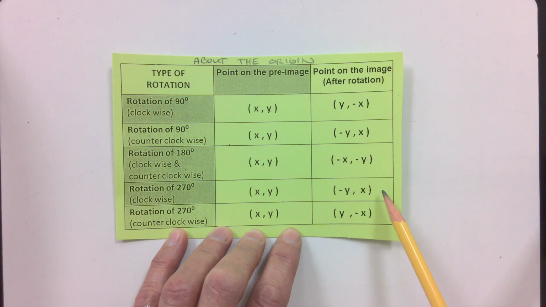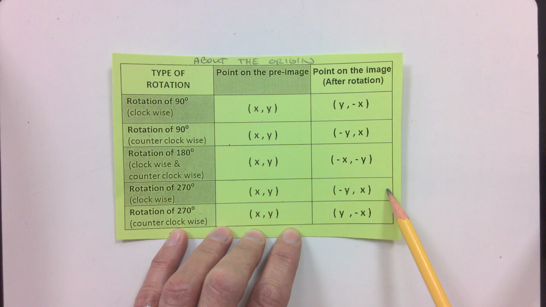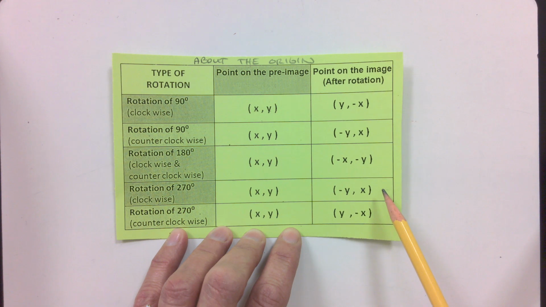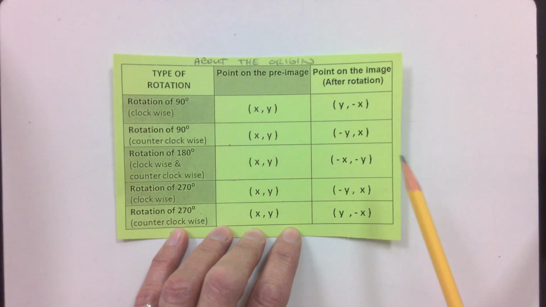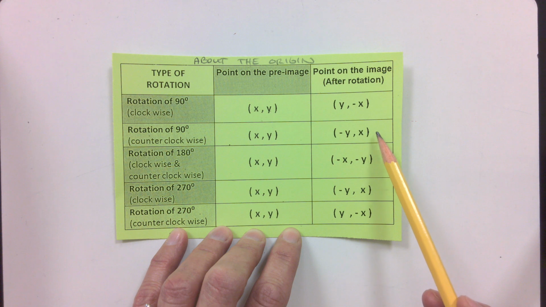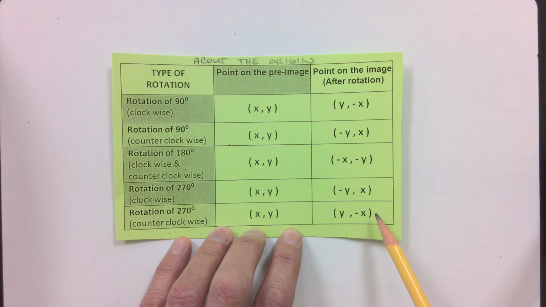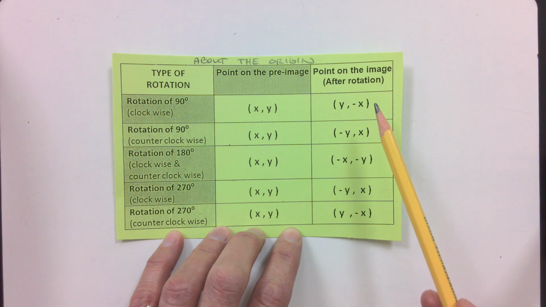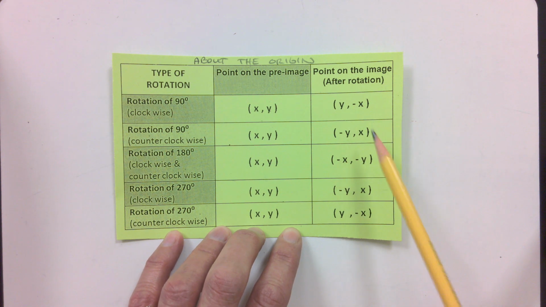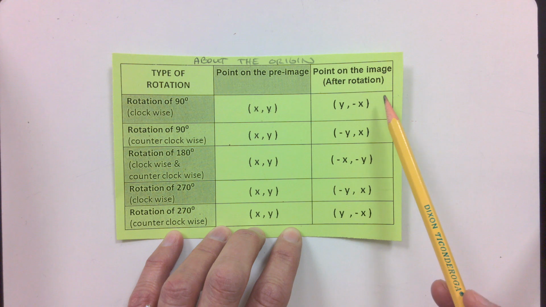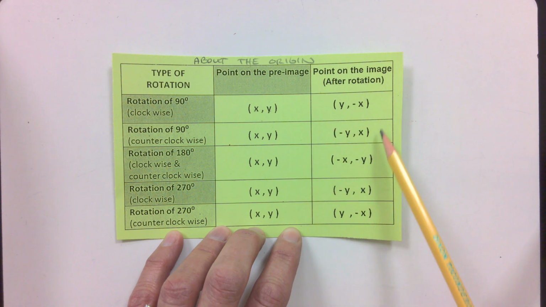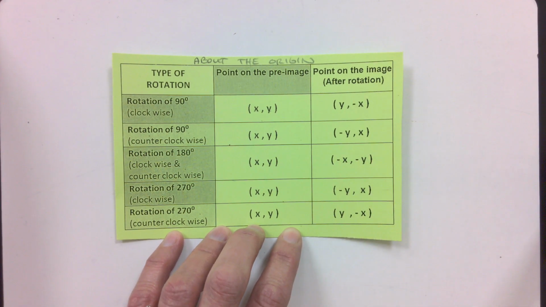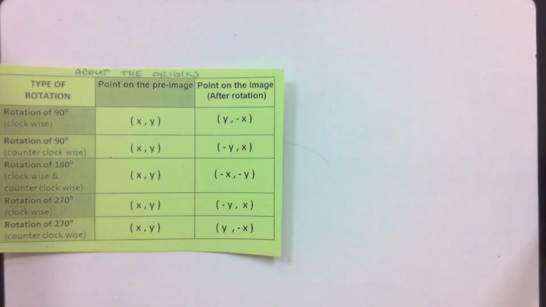This one, 270 clockwise, is exactly the same thing as 90 degrees counterclockwise. And 270 counterclockwise is exactly the same thing as 90 degrees clockwise. So really, the only ones you have to know are these top three here.